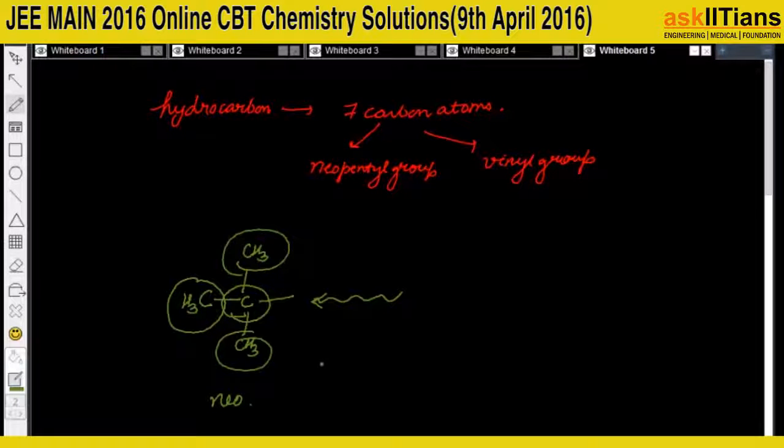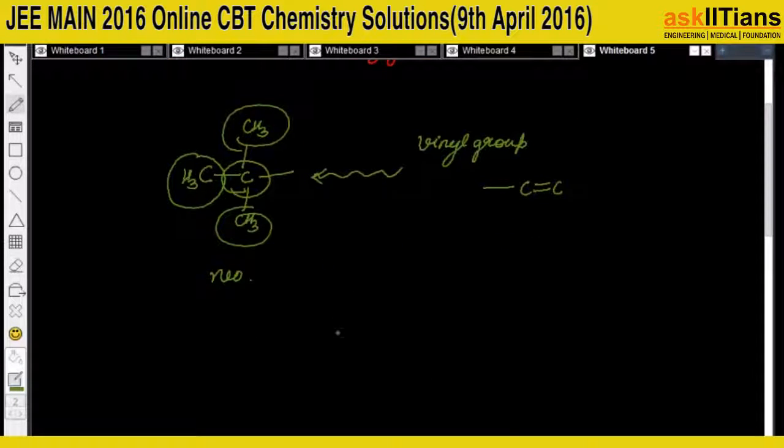Moreover, you have also been told that you have a vinyl group. So if a vinyl group is there, it must be C double bond C. So if I combine the two, you will be having CH3 C CH3, C double bond CH2 and let's say an H here.